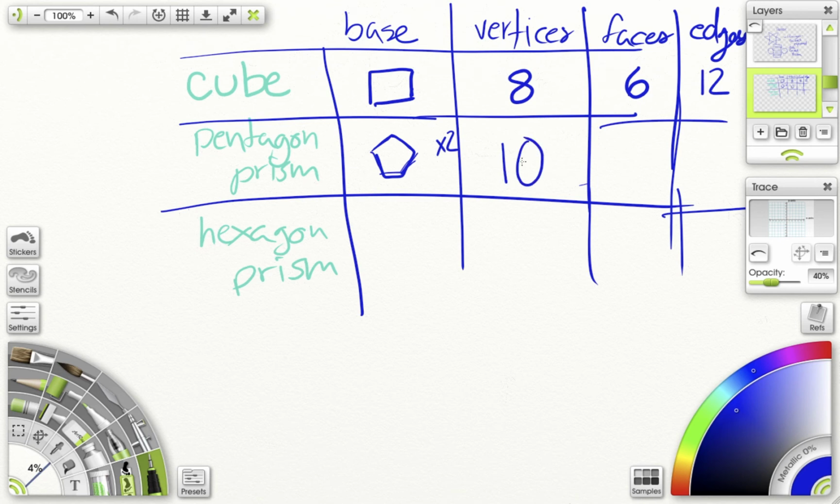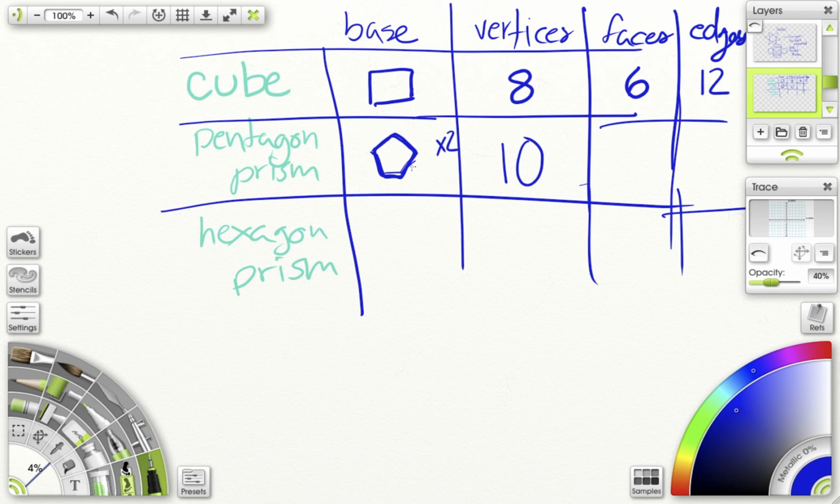Okay? The number of faces. To get the number of faces, you count how many sides there are to your base shape, so in this case a pentagon, and you add 2. Okay? Because remember, there is a rectangle for each side of a pentagon-based prism, plus the 2 end pieces.